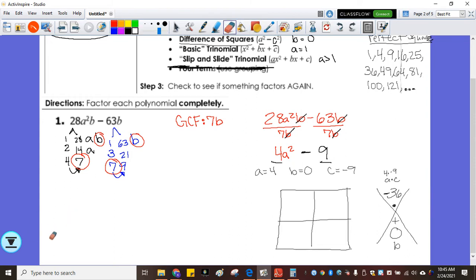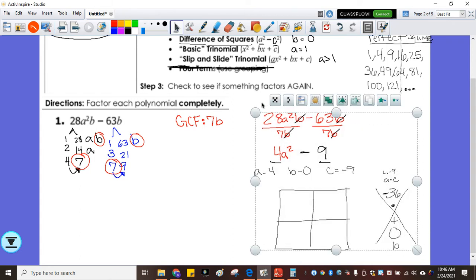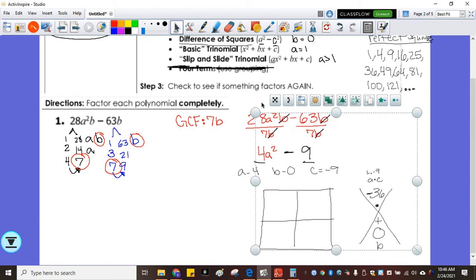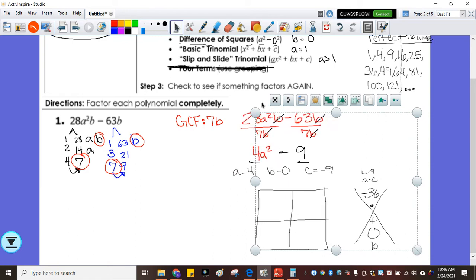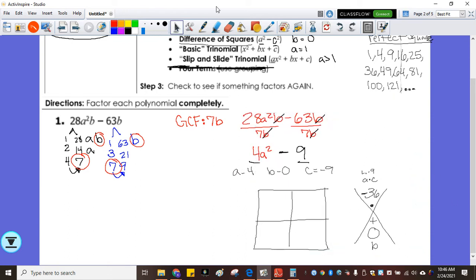Okay. So what two numbers multiply to 36 and add to 0? And if you don't know, you do your factor chart. I'm going to scoot this over a little bit. 36. 1 and 36.